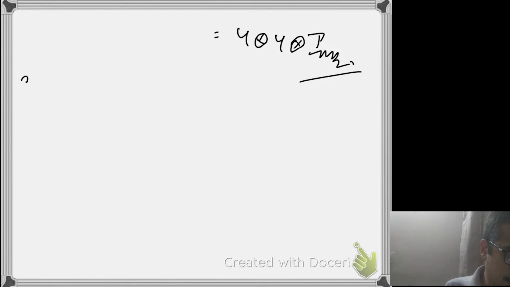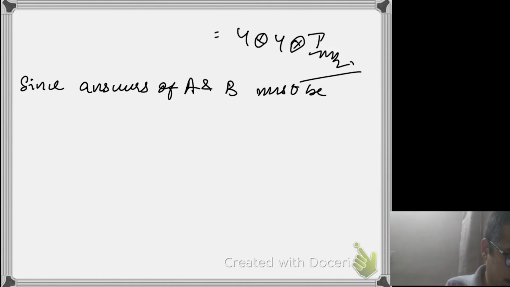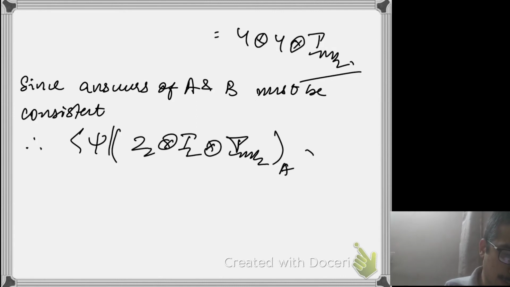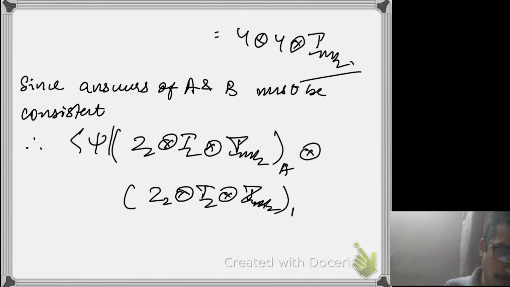Since the answers of Alice and Bob must be consistent, we must have that psi, Z2 tensor I2 tensor IM by 2 on Alice, tensored with Z2 tensor I2 tensor IM by 2 on Bob, on psi.